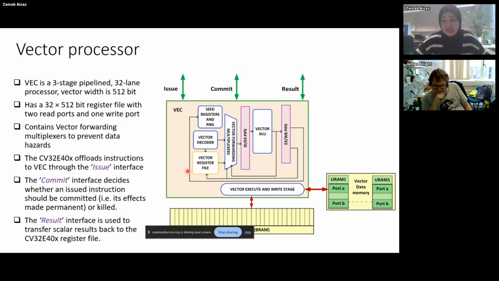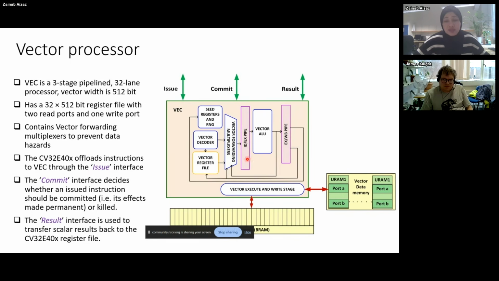Those hazards occur when one instruction requires the result of the previous instruction, and that result is obviously not in the register file because of the pipelining. So this forwarding multiplexer transfers the previous instruction's result from its current location to the location where it's required by the next instruction. This is how forwarding multiplexers work in the vector processor.